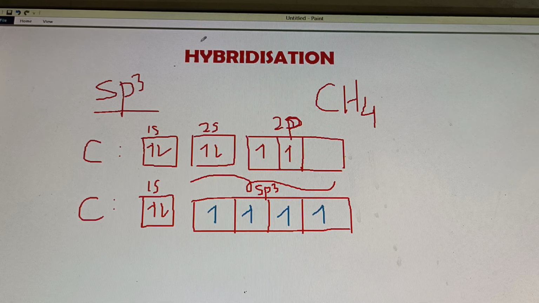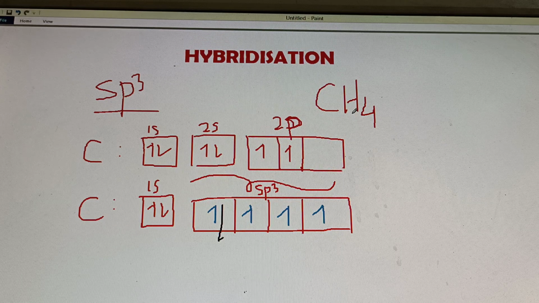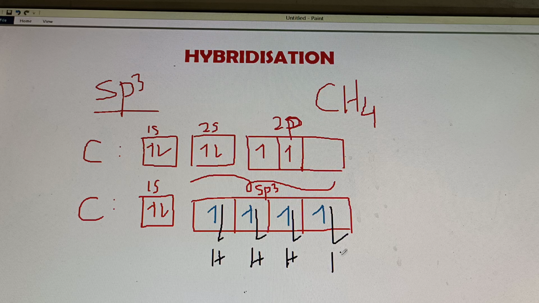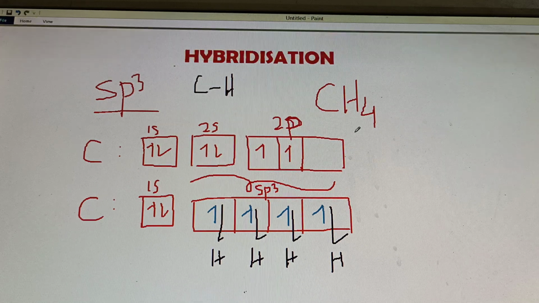So these will combine with the four 1s electrons of four hydrogens to form four covalent bonds, four C-H bonds. Now, how are these sp3 orbitals directed in space?